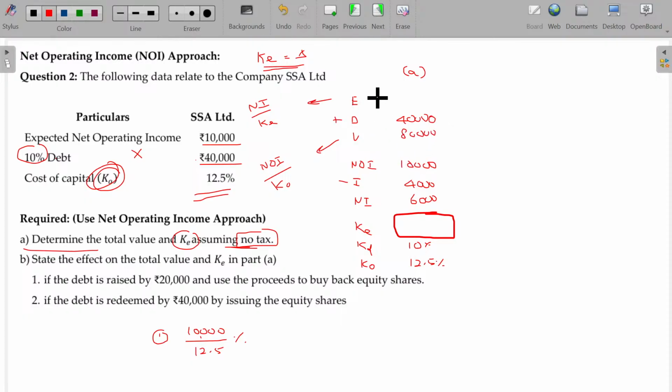You are aware that the balancing figure should be equity, so you can use reverse calculation here. Then you can calculate KE: NI divided by equity, in percentage. That comes to 15%.